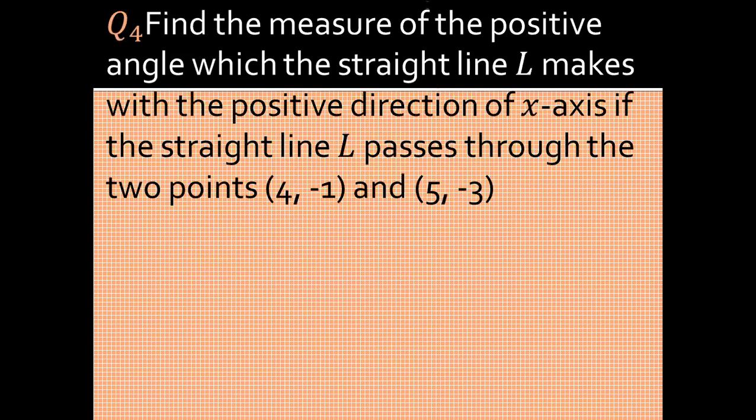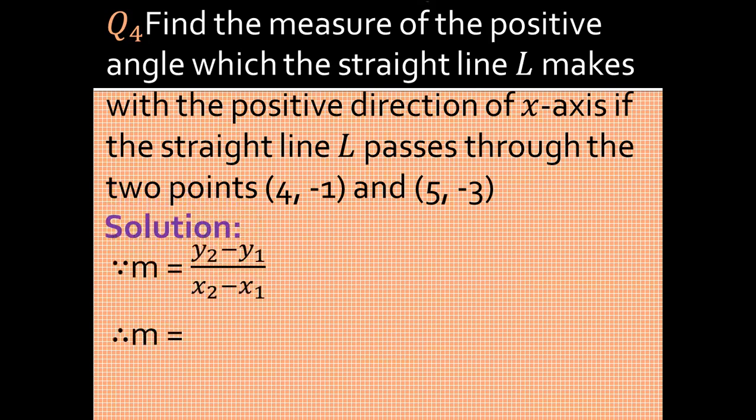Another example. Find the measure of the positive angle which the straight line L makes with the positive direction of the x-axis if the straight line L passes through the two points (4, -1) and (5, -3).